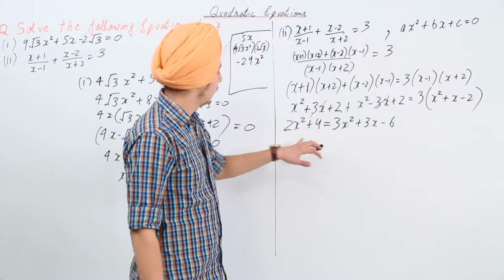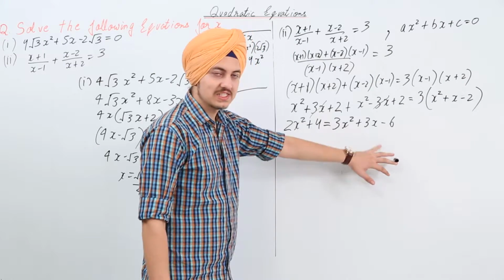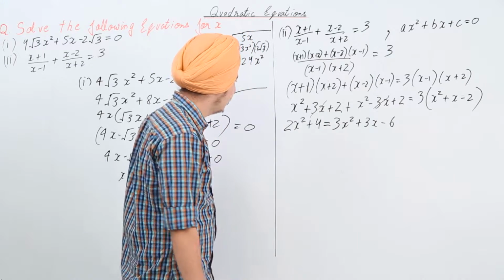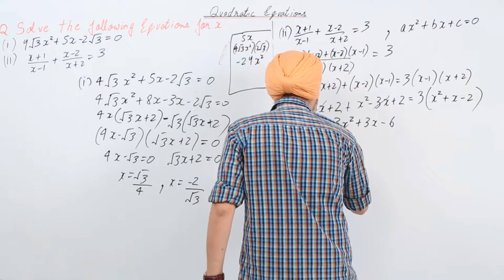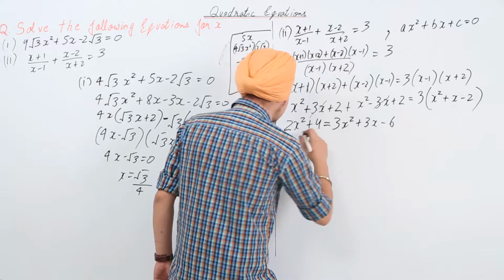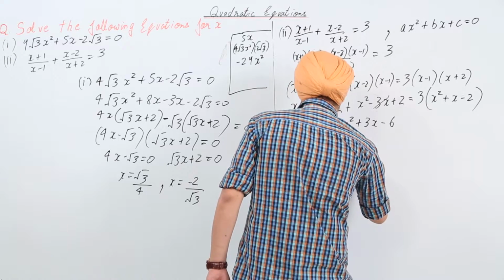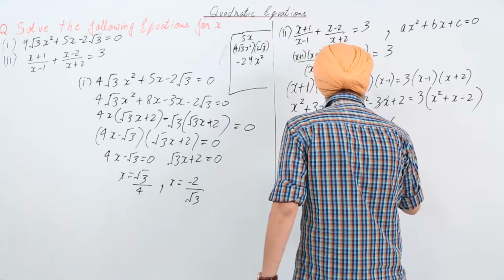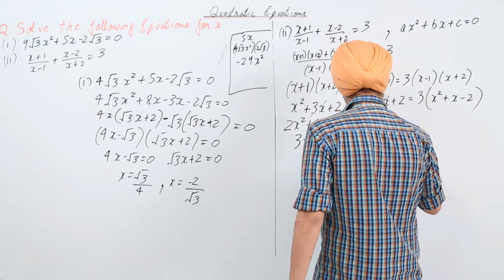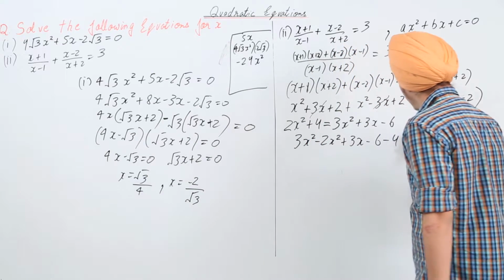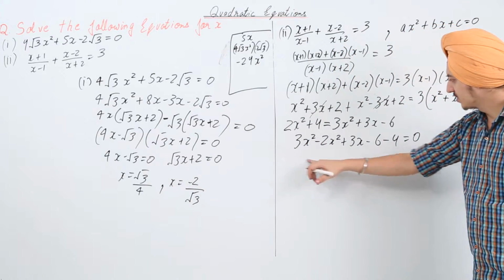So now we just take all these terms to this side, and we have 3x square minus 2x square plus 3x minus 6 minus 4 equal to 0. Did you understand this step?